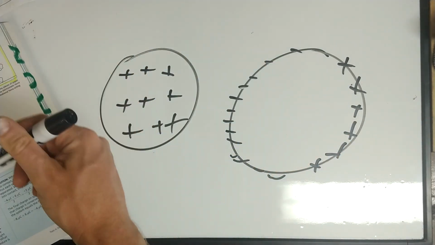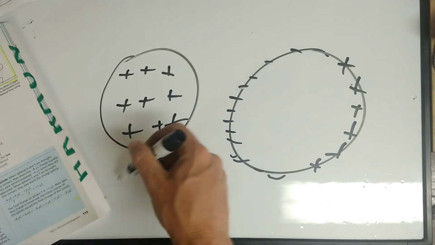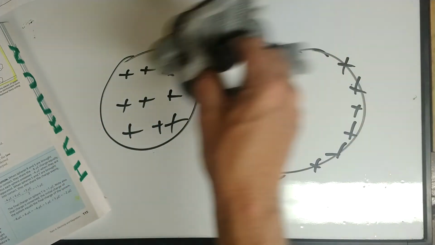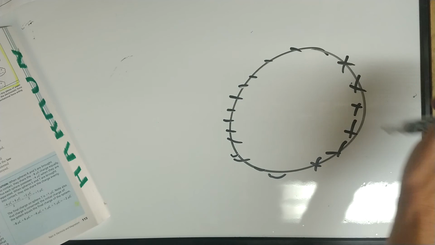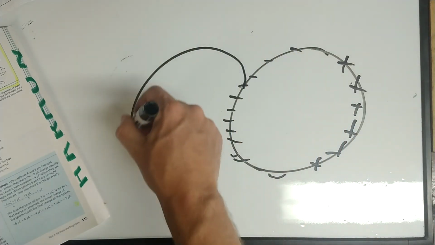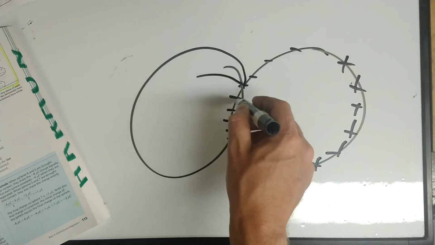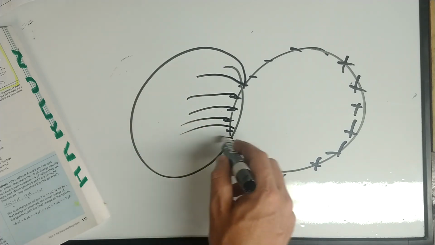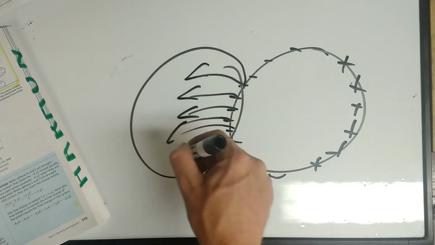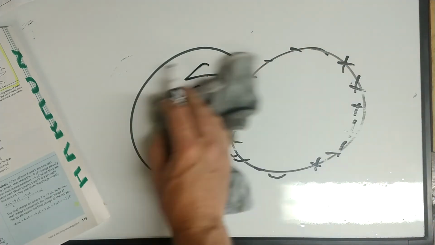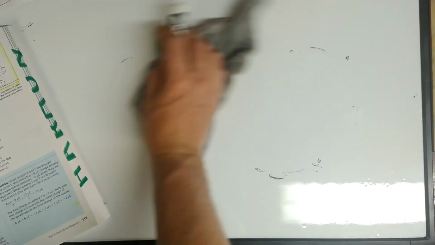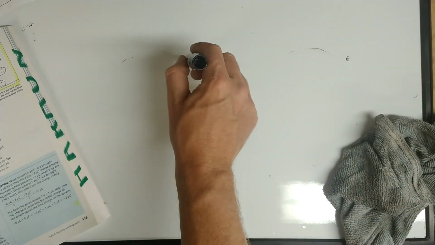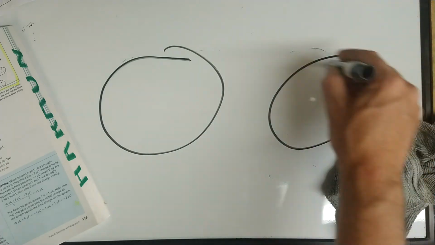These will attract. Now, when they physically touch, what's cool is you actually get a nice transfer of charge. So some of these electrons go onto this surface. I should have made squares. All right, they touch. What happens is you get an accumulation of charge over on this one.